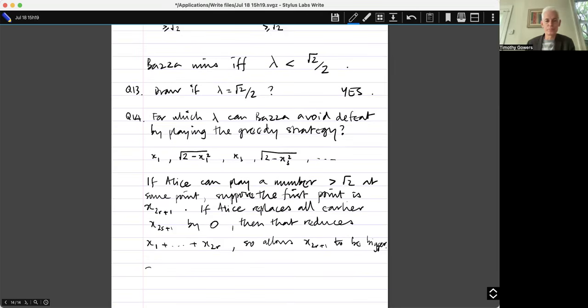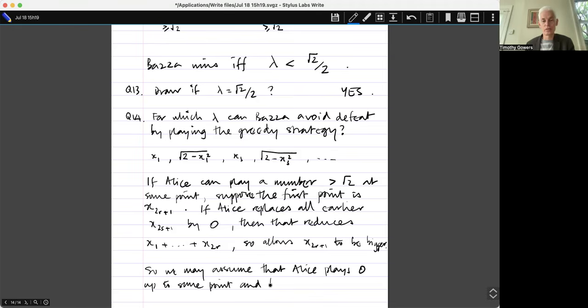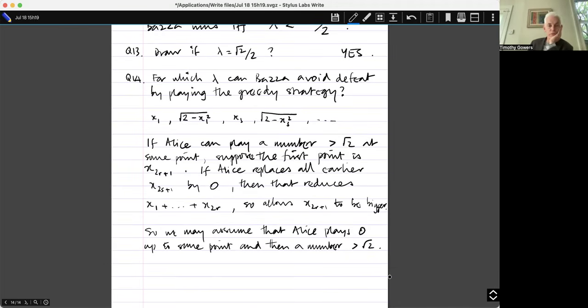So we may assume that Alice plays 0 strategy up to some point, and then a number bigger than square root of 2. So now we want to know for which lambda that is not going to be possible.